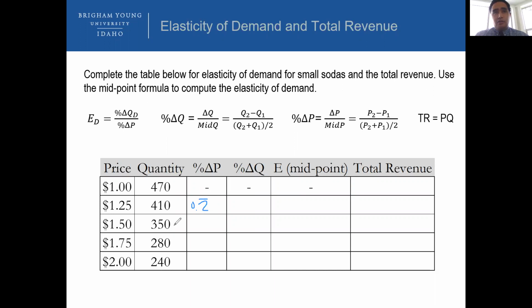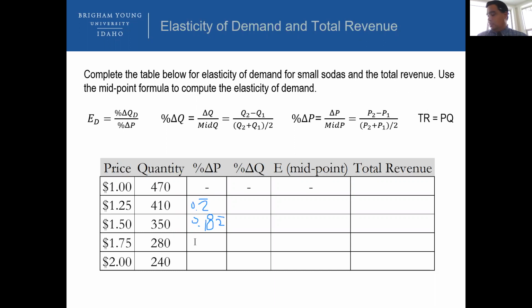And then how about this next one right here, 1.50 minus 1.25 divided by the average of those two. That's again 25 cents in the numerator. And that's going to be 1.375 in the denominator. If I calculate that out, that comes out to 0.182 with a bar over, or 18.2%. Oh, I better put the text in here. 1.75 minus 1.50, that's 25 cents in the numerator again.